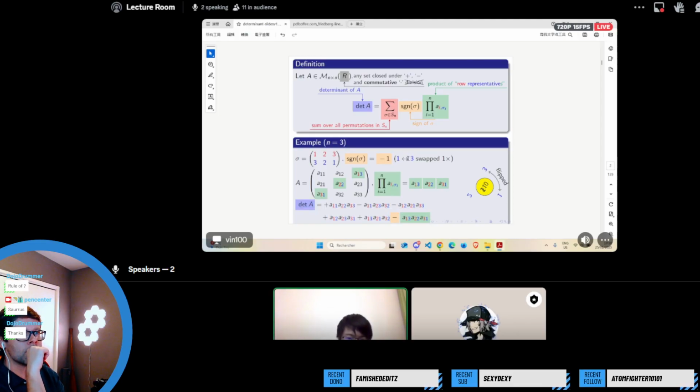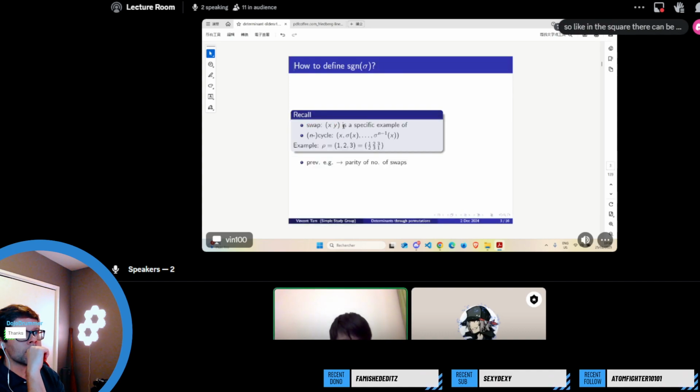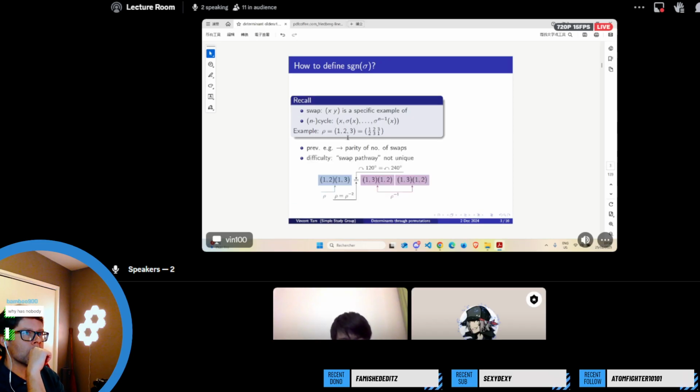So from this, it is quite intuitive for us to define the sign of a permutation from the number of swaps. Here, a swap is just a specific example of an n cycle.